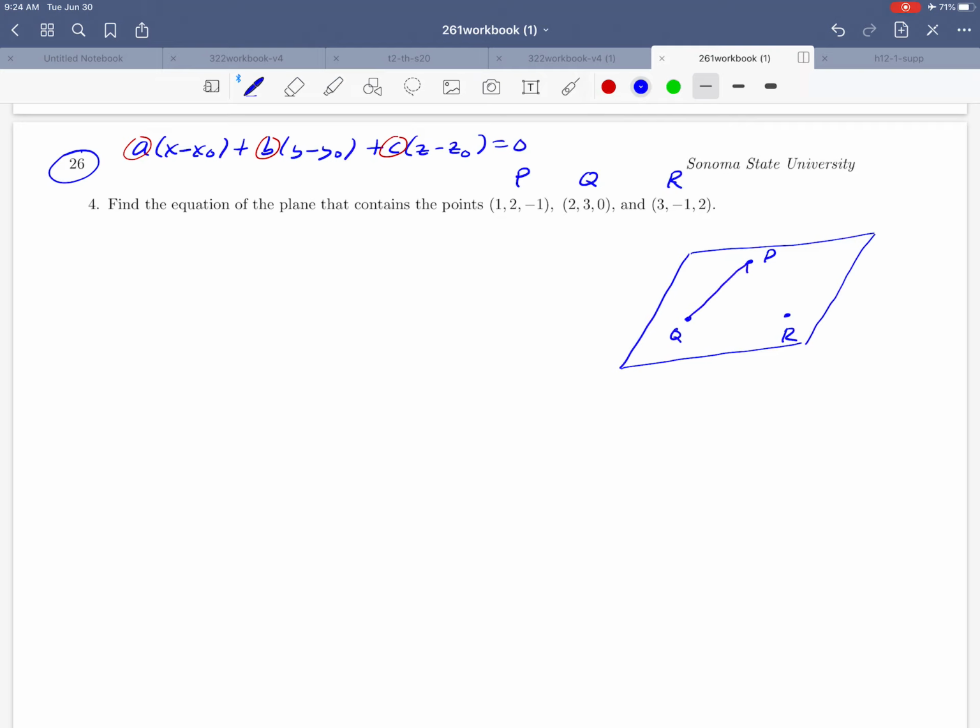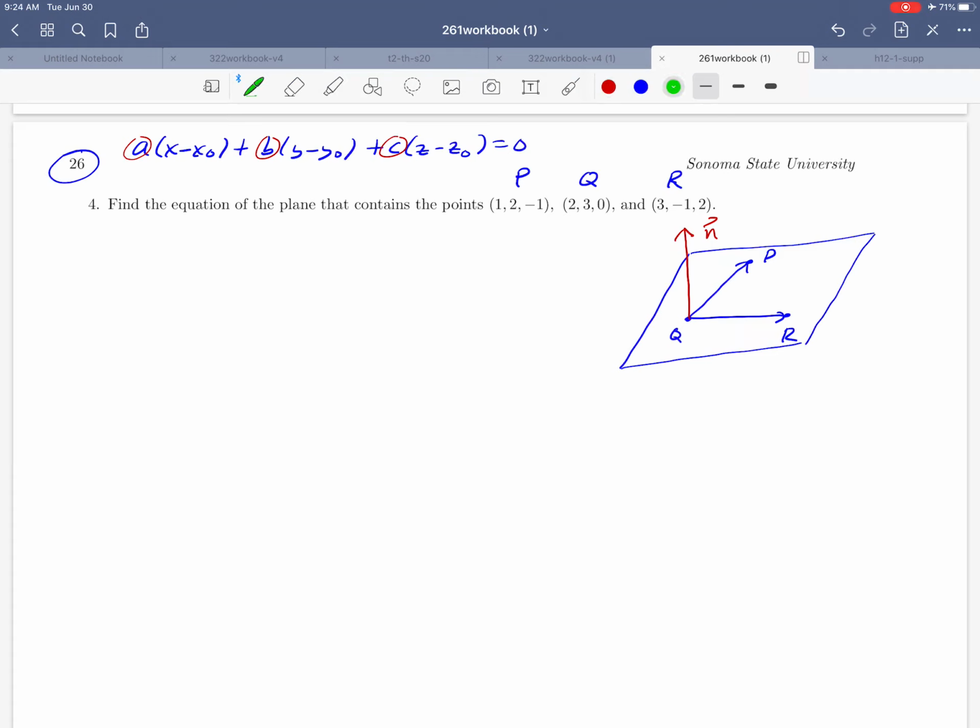We're going to draw the vector QP and the vector QR. Those 2 vectors are in the plane, and so we can produce a vector that's perpendicular to both of those by taking the cross product. That's going to give us the vector n, the normal vector that we're looking for. So the key is we need the 2 vectors in the plane in component form if we want to be able to find their cross product.